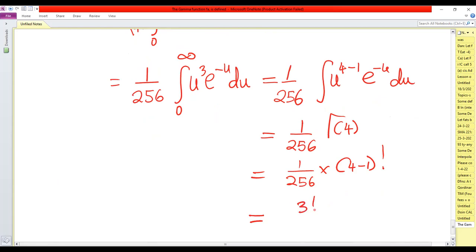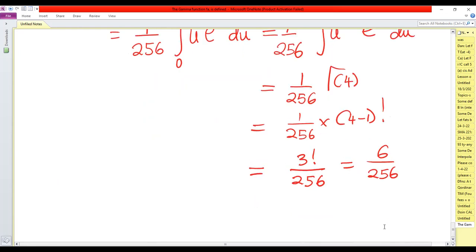So 3 factorial divided by 256 is the same as 6 over 256. And that will give us 3 over 128.